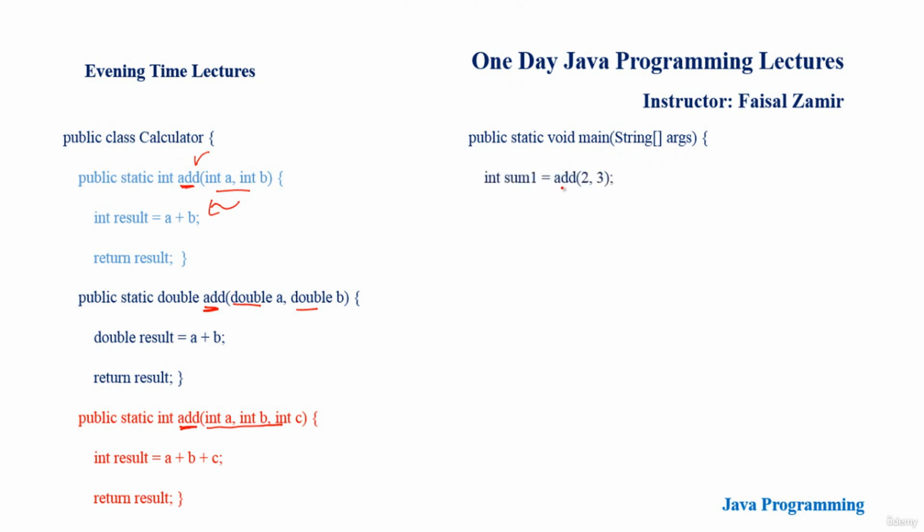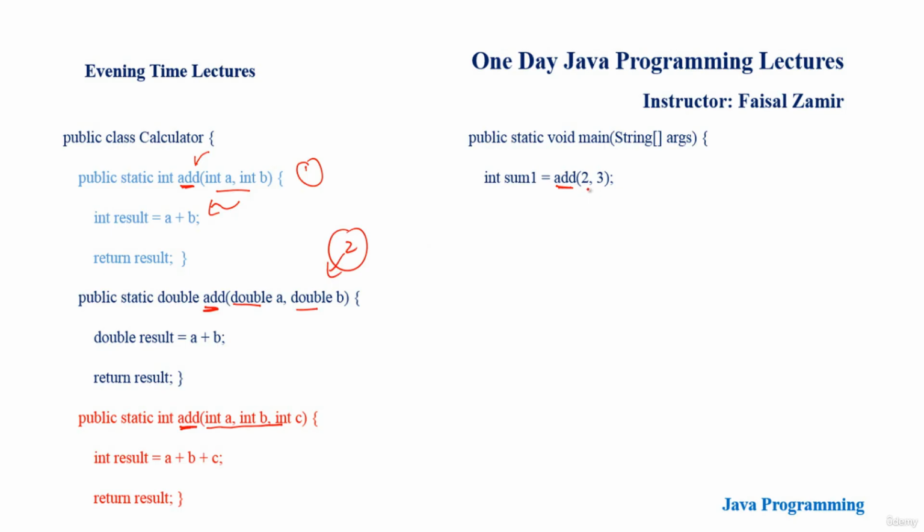At first it will execute the add function taking two parameters, and these two parameter values are integers. There are two functions which contain two parameters, but it will give preference to the first function because it contains integer parameters and I provided integer values.